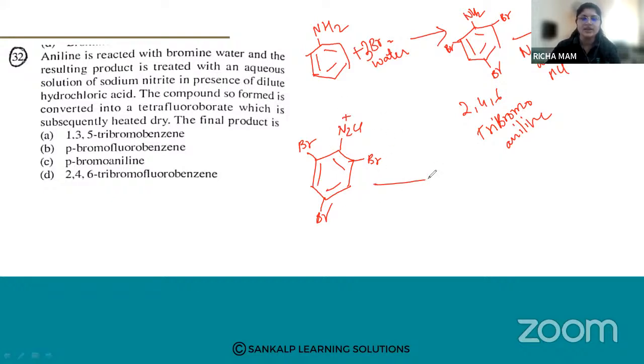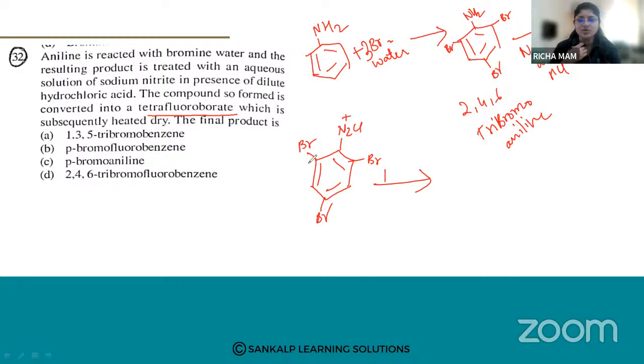Further, the compound so formed is converted into the tetrafluoroborate, which is subsequently heated dry. So what is the final product obtained?